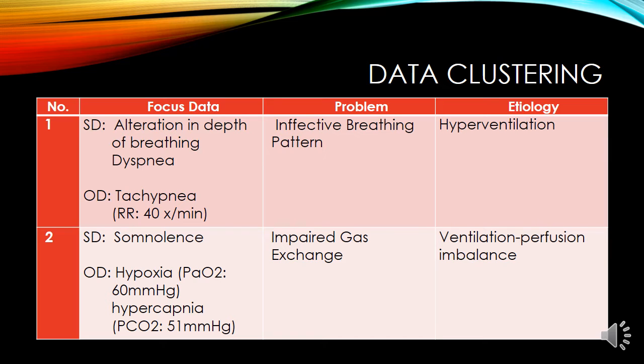Problem: ineffective breathing pattern, and etiology: hyperventilation. Number two, SD: somnolence. OD: hypoxia, PaO2 60 millimeter mercury, hypercapnia, PCO2 51 millimeter mercury. Problem: impaired gas exchange, etiology: ventilation perfusion imbalance.